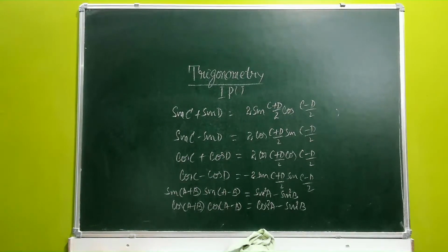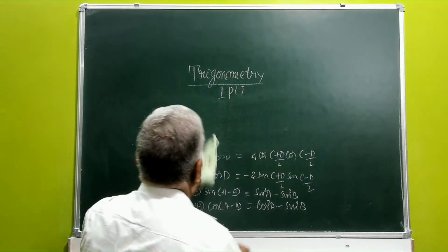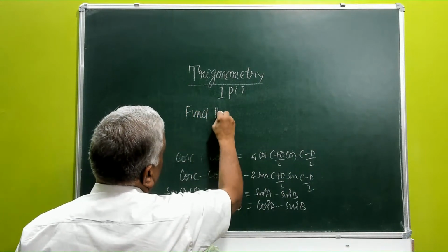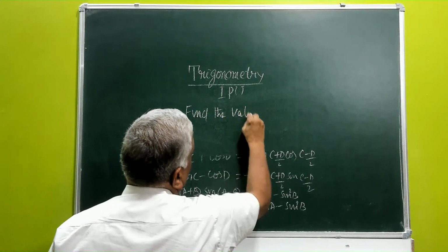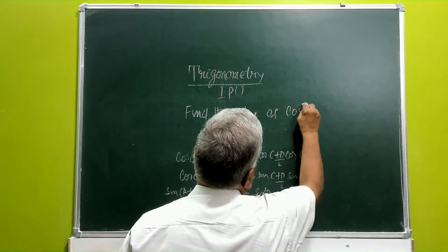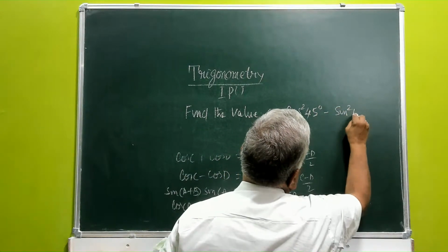The problem is find the value of cos square 45 degrees minus sin square 15 degrees.